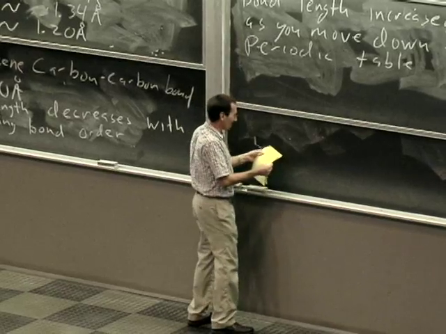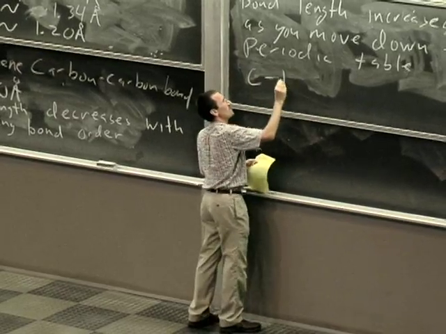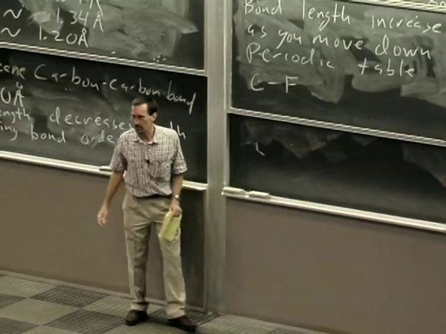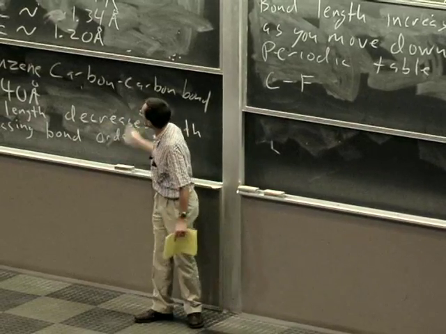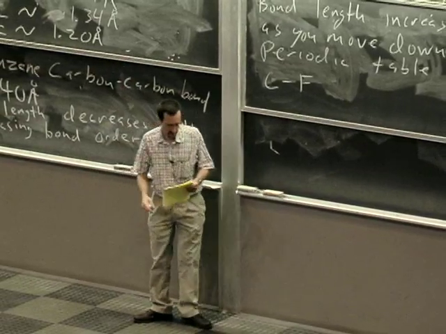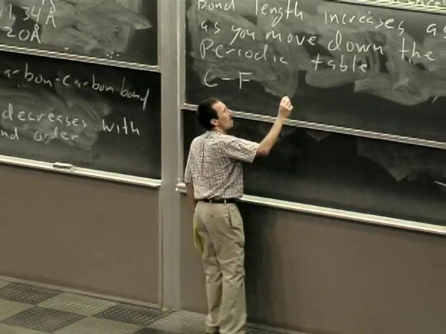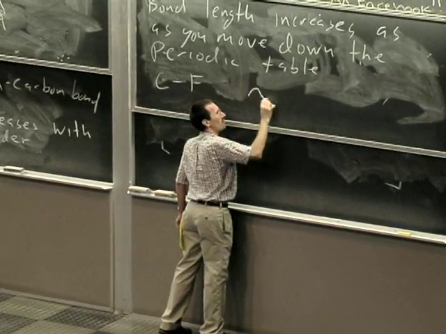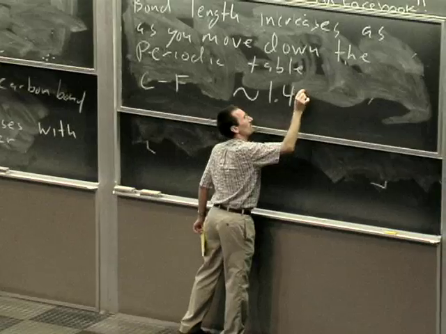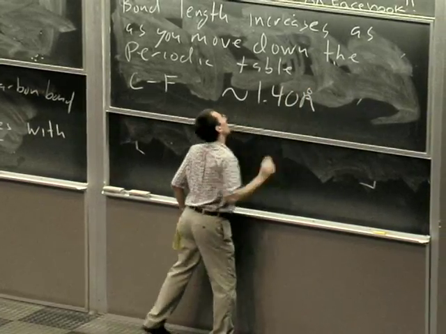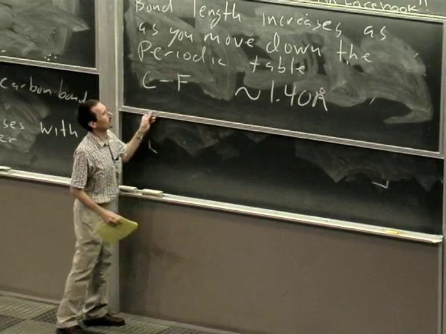All right, so I'll give you some numbers. Maybe you wouldn't know the exact numbers here, but these are practically good numbers to know about carbon bonds. A carbon-fluorine bond is about 1.40 angstroms.